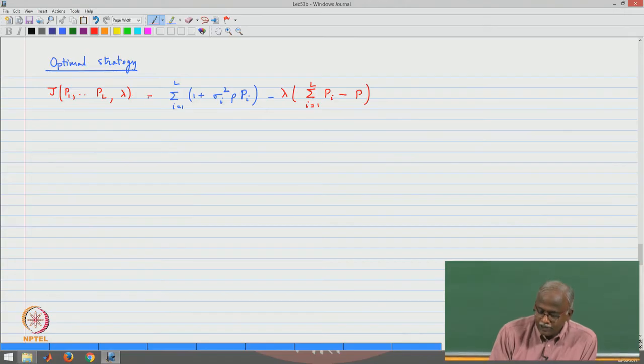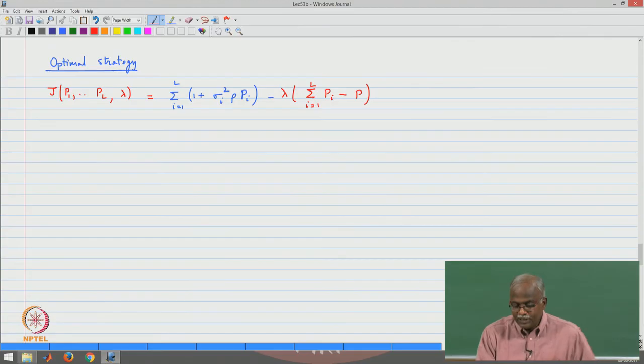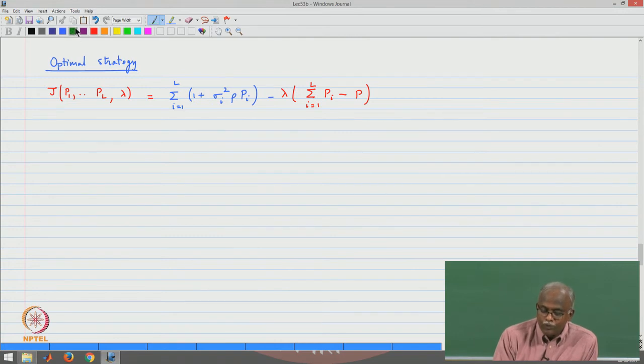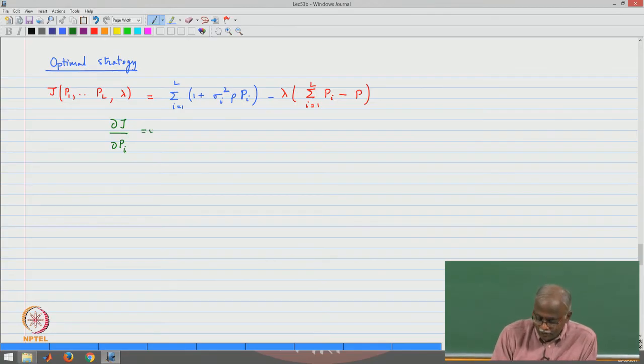So the objective function is written in terms of this. Now we want to maximize the sum capacity. So the approach would be to differentiate the objective function, taking partial derivatives with respect to the different powers, dou Pi, and set it equal to 0.